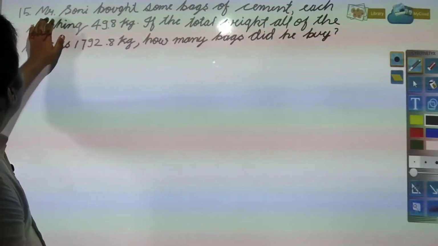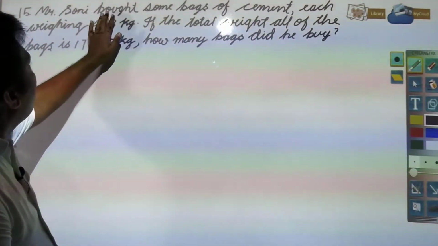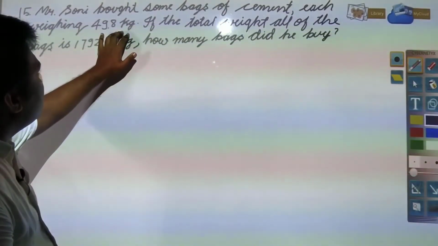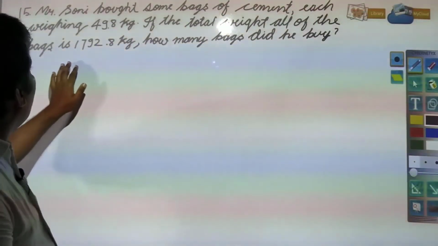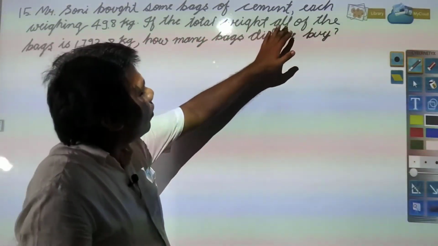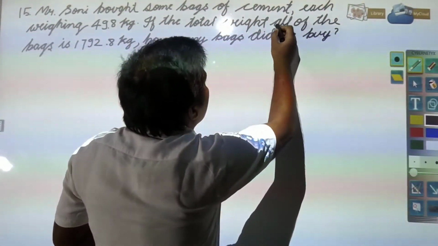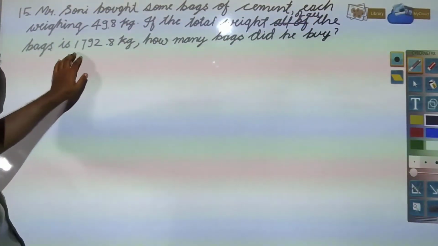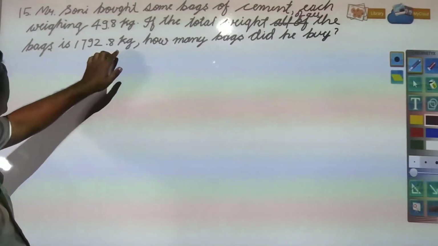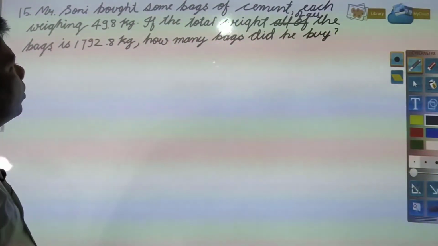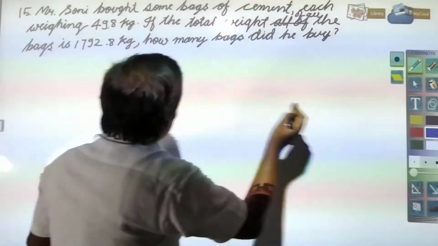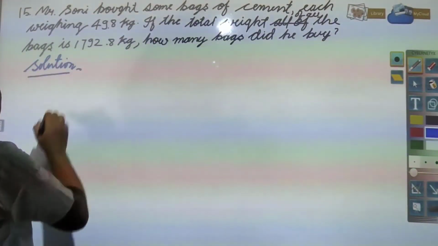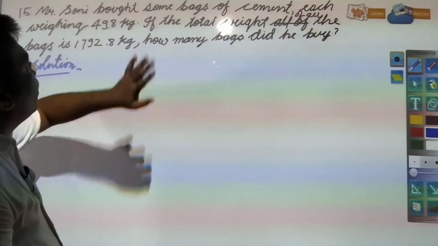Next you see. Mr. Soni bought some bags of cement, each weighing 49.8 kg. If the total weight of all the bags is 1792.8 kg, how many bags did he buy? Here you see, Mr. Soni bought some bags of cement.